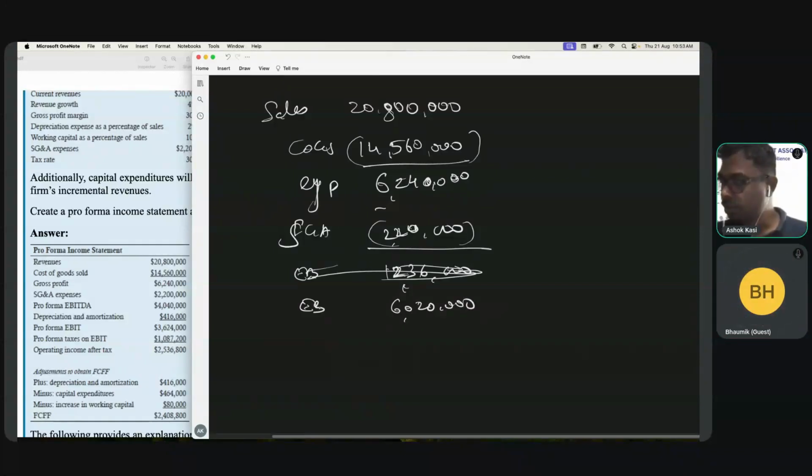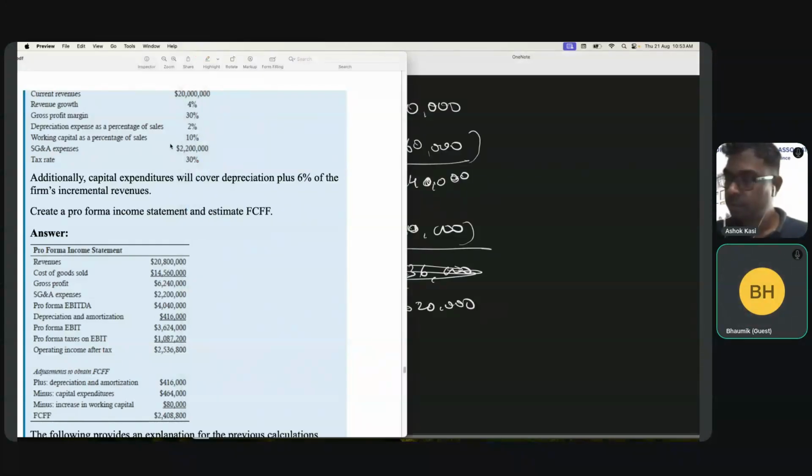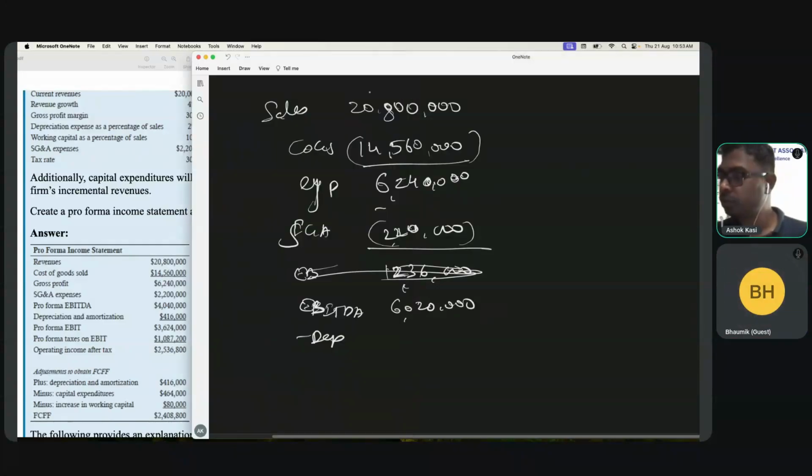This will be EBITDA minus depreciation. Depreciation expense as a percentage, 2% of this amount. Sir, it's not 220,000, it's 2.2 million. SG&A is in millions, one more zero will come.